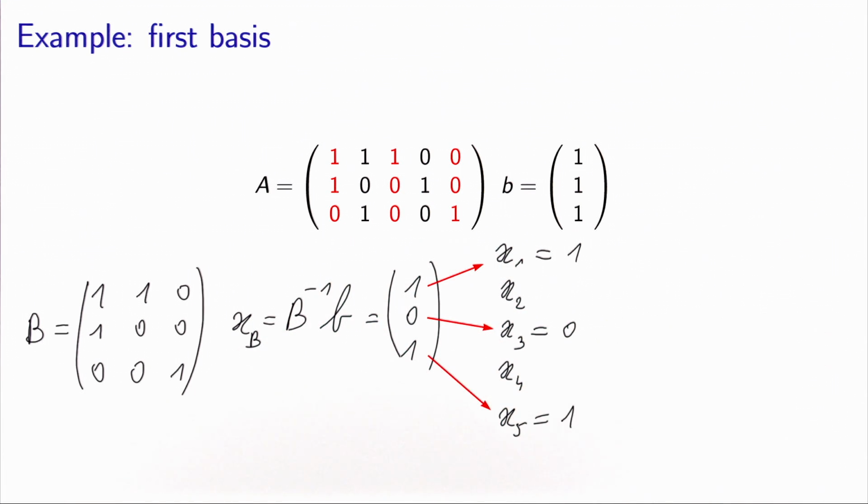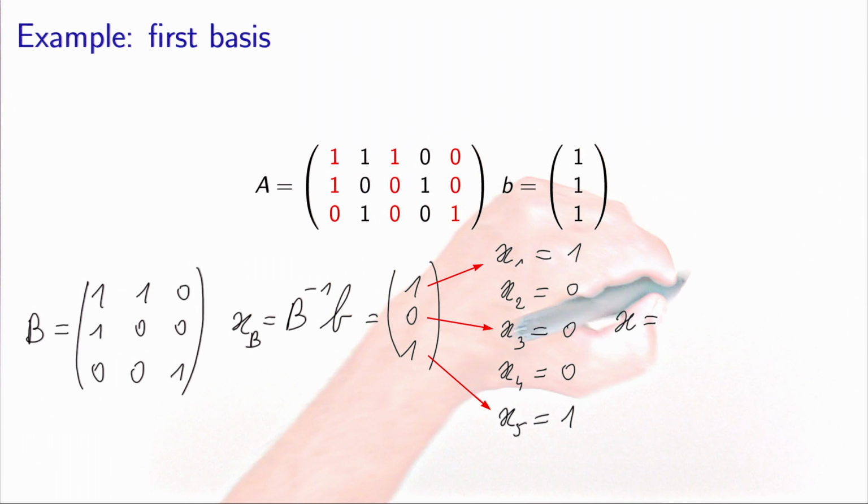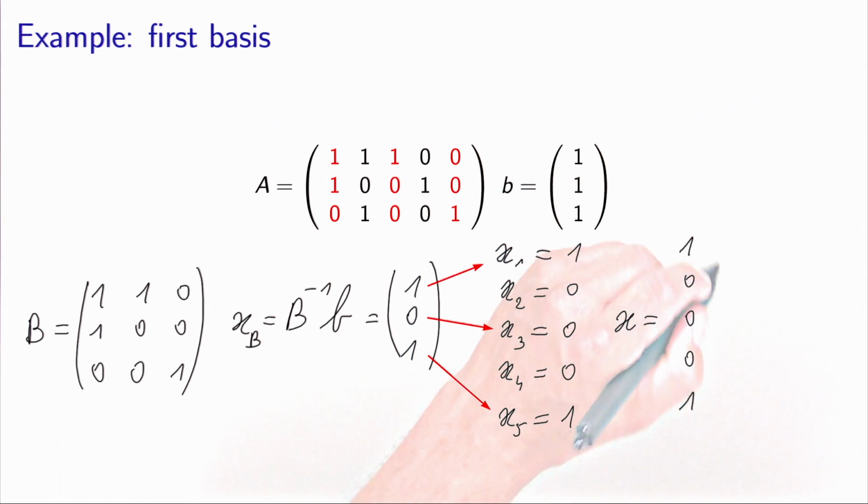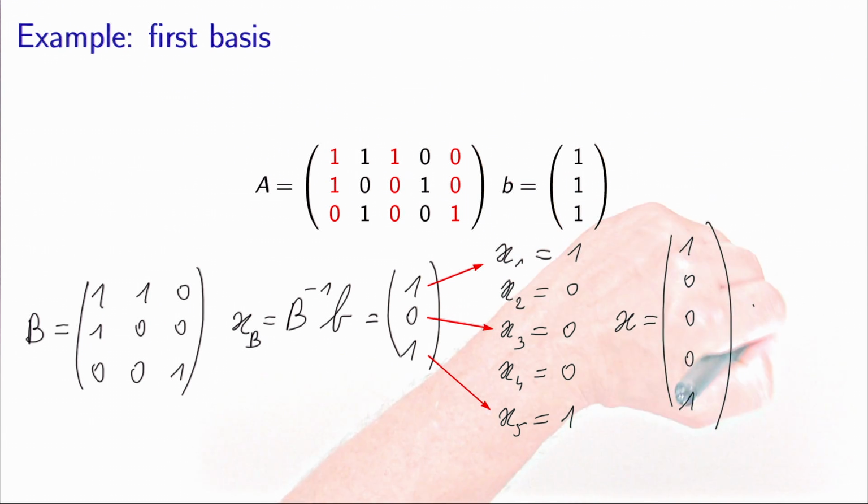And for x2 and x4, because they are out of the basis, they must be equal to 0. So the vector x, which is the basic solution that corresponds to this basis, is the vector 1, 0, 0, 0, 1. And it's non-negative, so it's feasible. So we have a feasible basic solution. So that corresponds to a vertex.